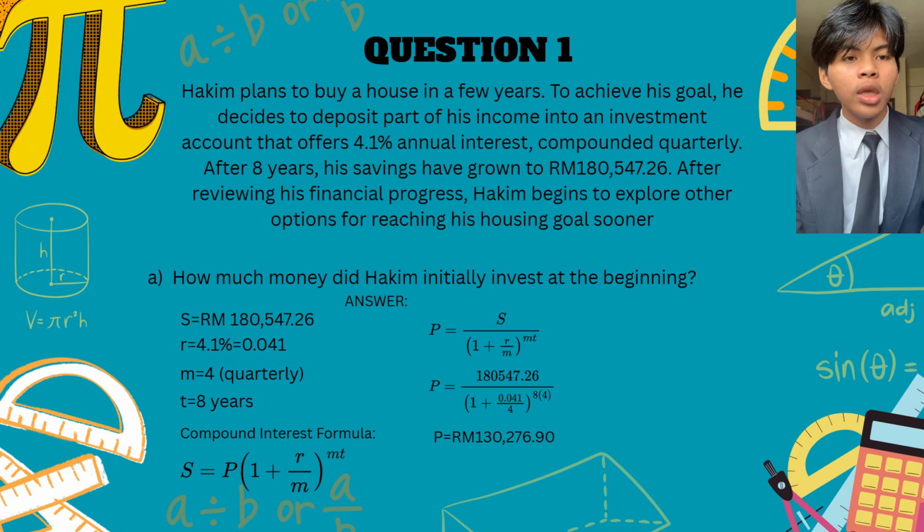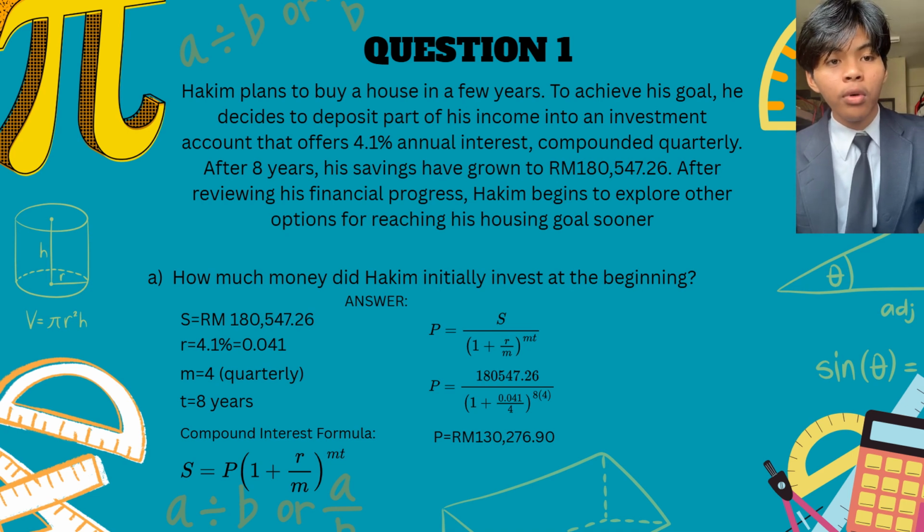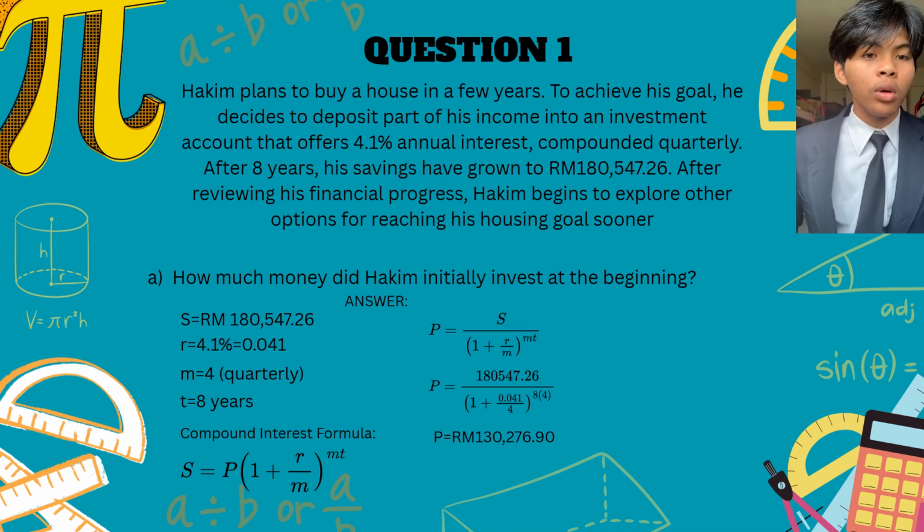So at first we need to list every information given below as 180,547 ringgit and 26 cents. Rate which is 4.5% and 4 times a year and time 8 years.